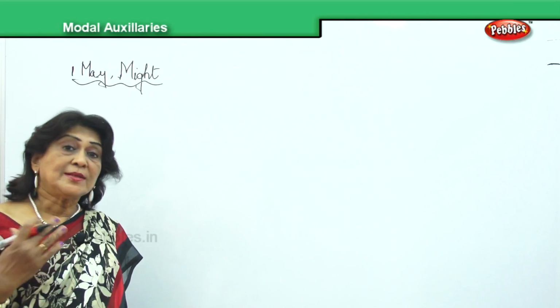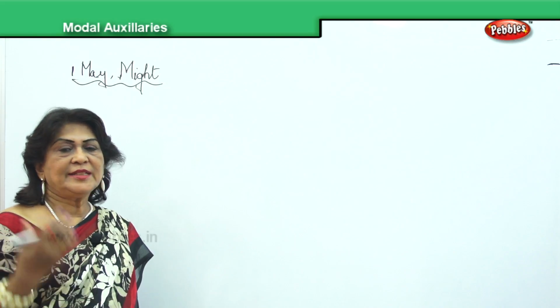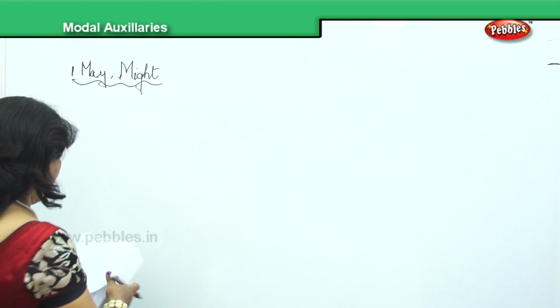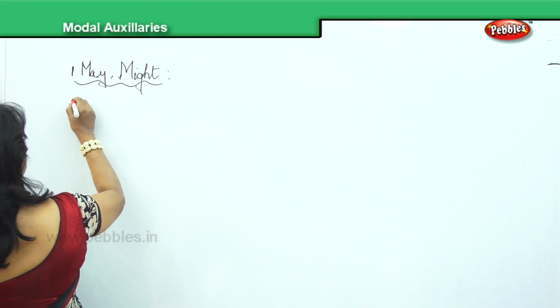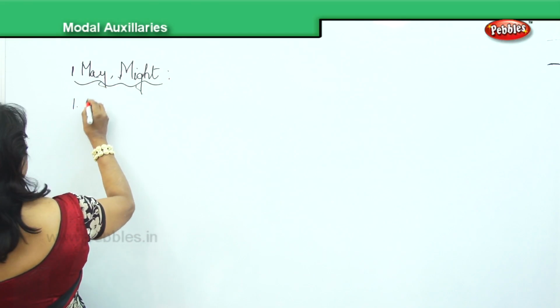That is possibilities. Okay? It denotes possibilities. I am going to give you the different kinds now. Where they are used, we are going to see. First one, possibilities.